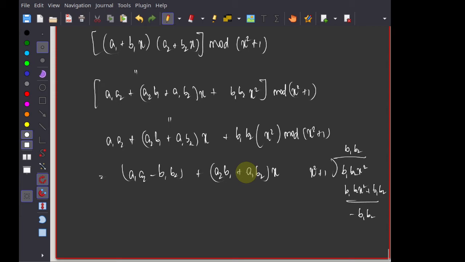So you're doing exactly the same thing, but you're calling x as i, using a different notation for x. i, which is square root of minus 1. And the reason why you get square root of minus 1 is because you're taking this mod x square plus 1. So x square mod x square plus 1 is minus 1, which is basically the same as saying that you are calling x the square root of minus 1.